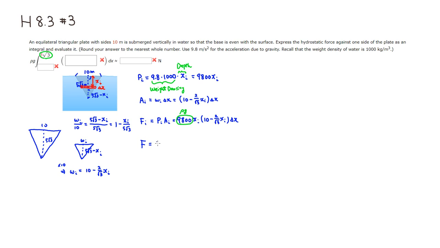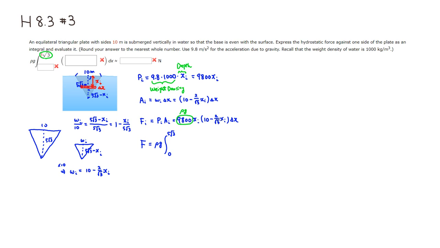So you have a rho g, which is just 9800, and the integral is going to go from the surface of the water to the depth of 5 square root of 3. So you have 0 to 5 square root of 3.